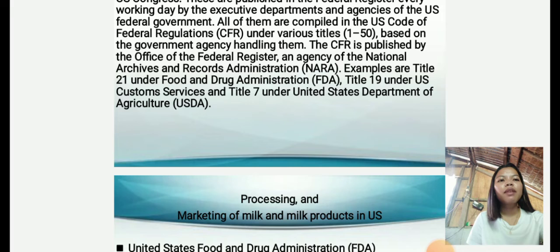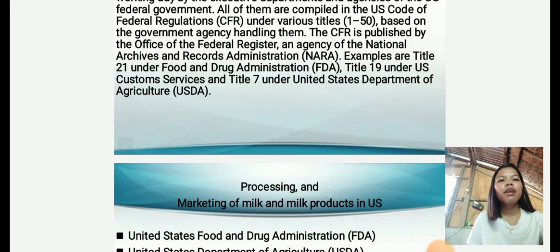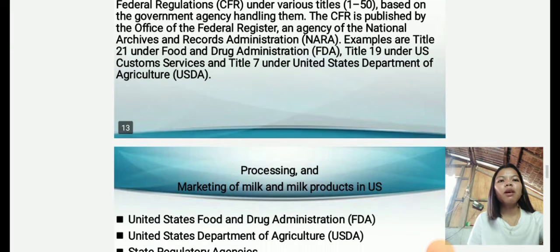All of them are compiled in the U.S. Code of Federal Regulations (CFR) under various titles 1 to 50, based on the government agencies handling them. The CFR is published by the Office of the Federal Register, an agency of the National Archives and Records Administration (NARA).